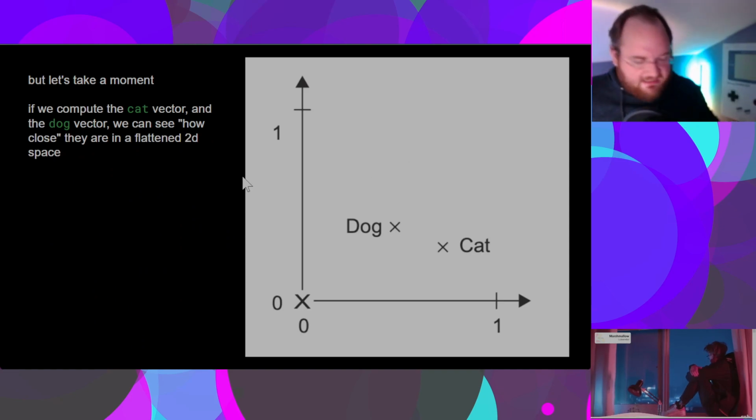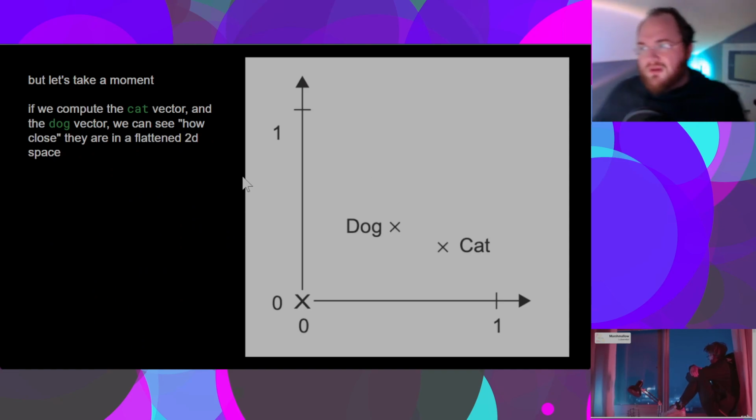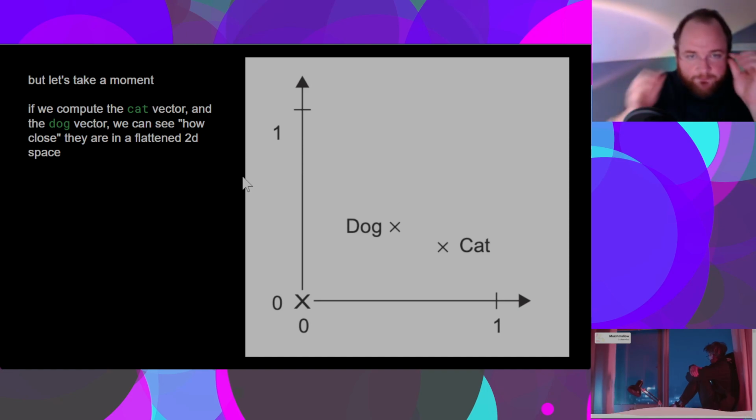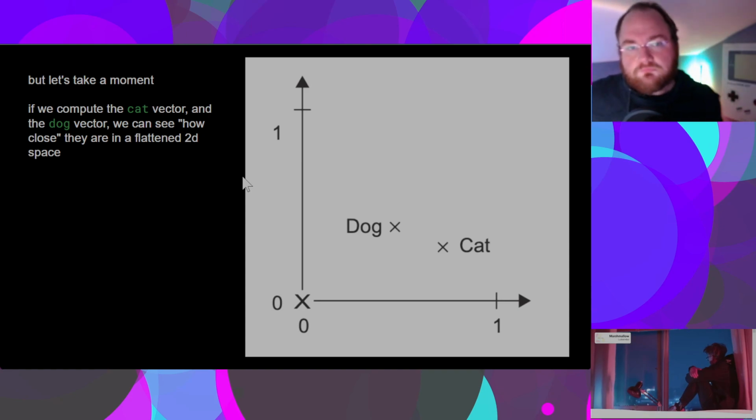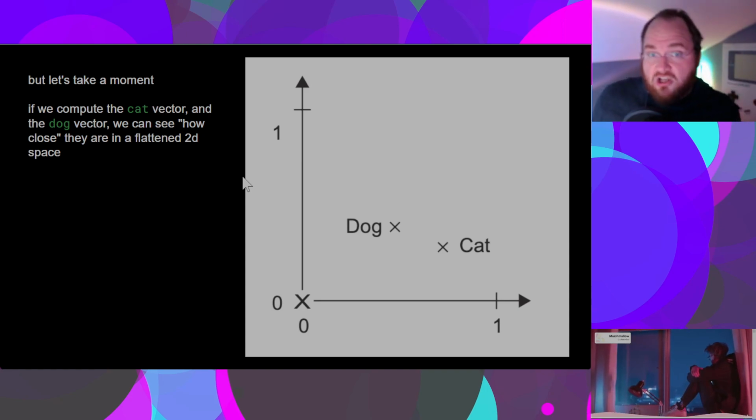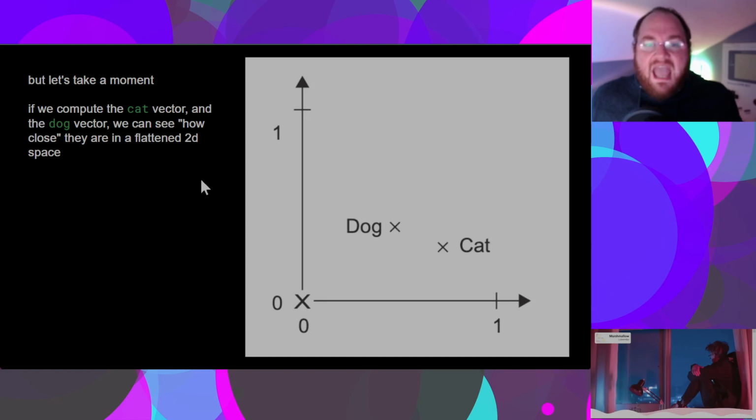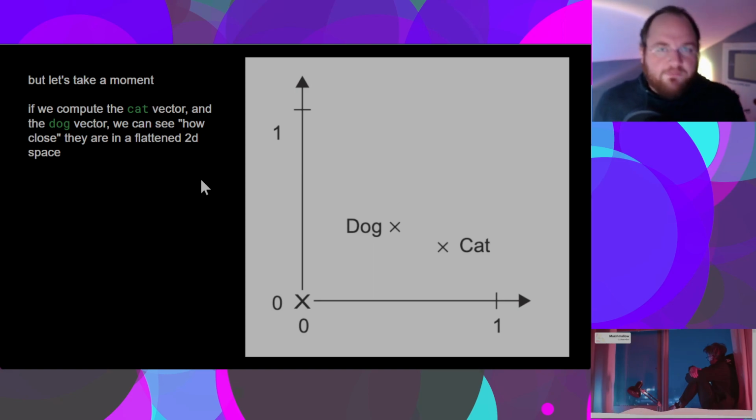So let's take a sec to sort of peel apart, what is this actually buying us? Why is this good? So if we compute cat and we compute dog, we can see how close they are in this flattened 2D space, right? And maybe they are farther away from car, maybe they're far from other things.